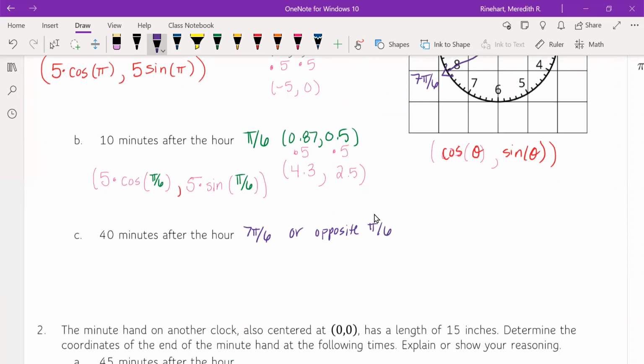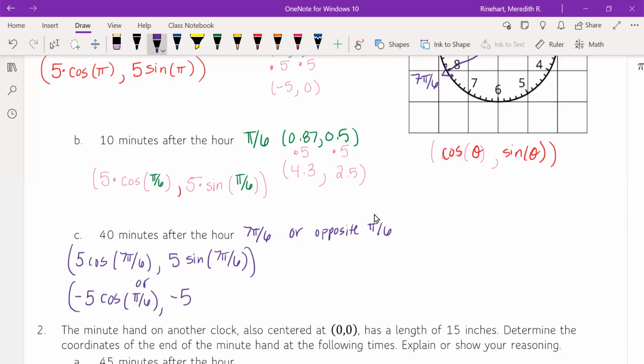If we do 7 pi over 6, again, we do 5 cosine 7 pi over 6, comma 5 sine 7 pi over 6. You could also write opposite 5 cosine and then use pi over 6, or opposite of 5 sine pi over 6, because they have the same coordinates, just both are negative.